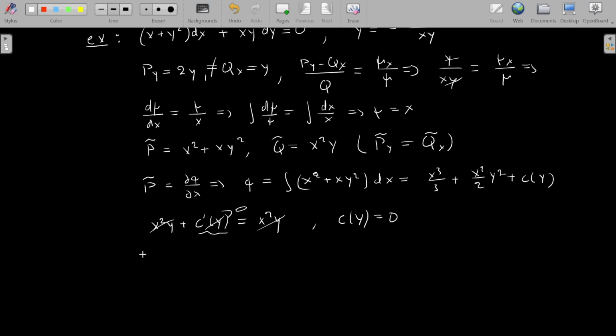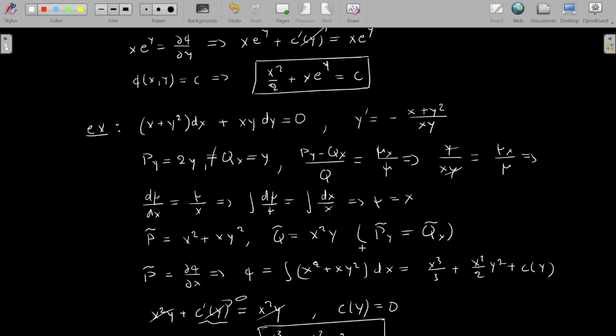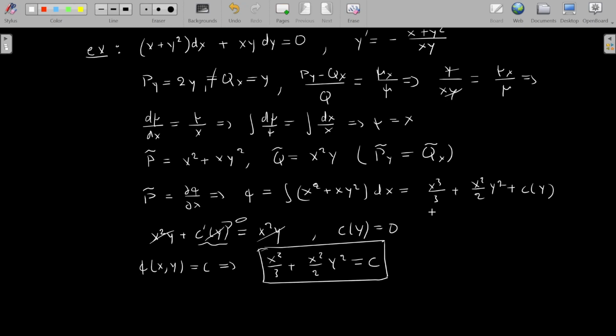And finally, x cubed over 3 plus x squared over 2 y squared equals a constant, same thing as before, and this is our final solution in the case where these two guys are different from each other and we make use of the integration factor.